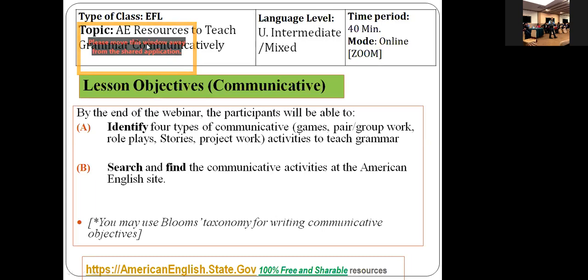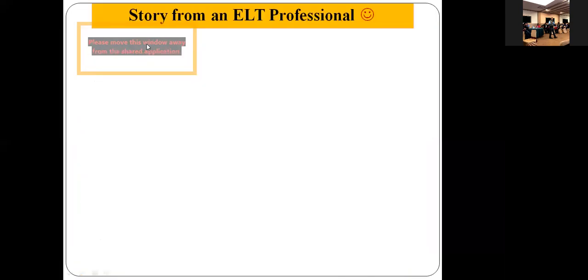Moving to the next one. Before I start a story from an ELT professional, I would like to ask you to think: what kind of activities do you use generally to teach grammar? You may write in the chat box, please.